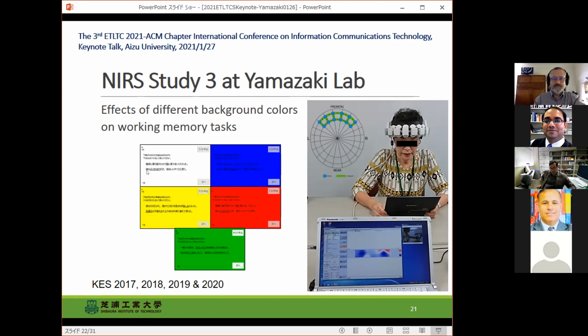So she has to memorize the underlined words, but with different background colors. We found that the contrast of the character color and also the background can contribute to elderly people's brain enhancement.